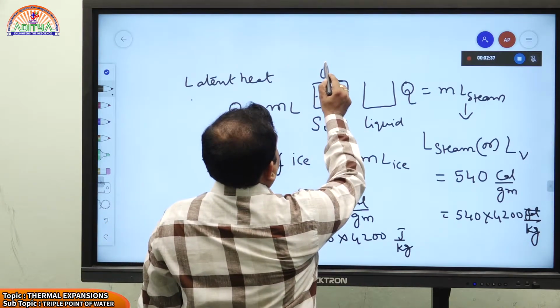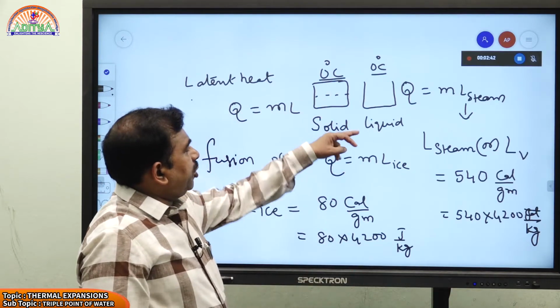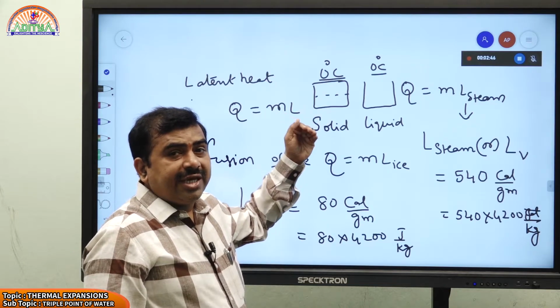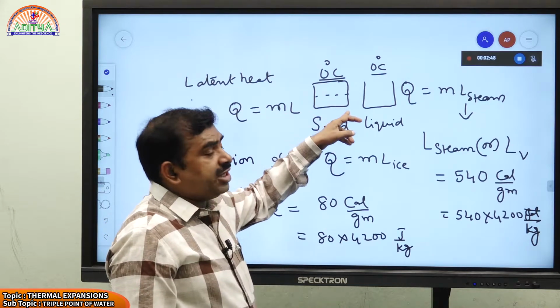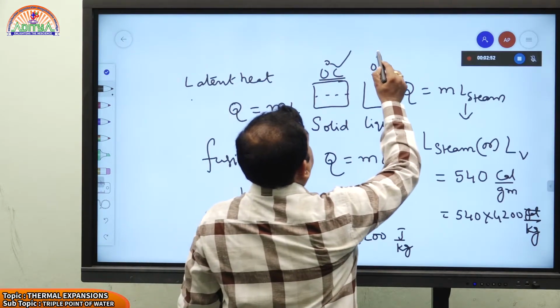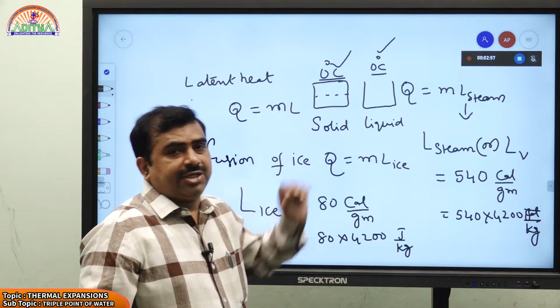Look, temperature 0 degrees, here also 0 degrees centigrade. In this process, the heat is absorbed or the heat is evolved. Even though heat is absorbed or evolved, there is no change in the temperature. Such a process is called latent heat, I said.